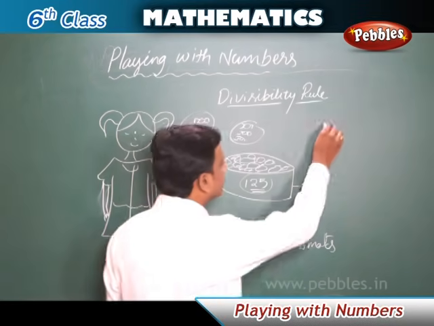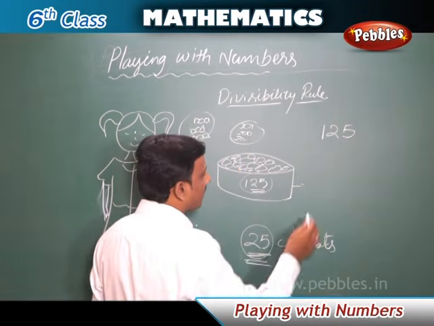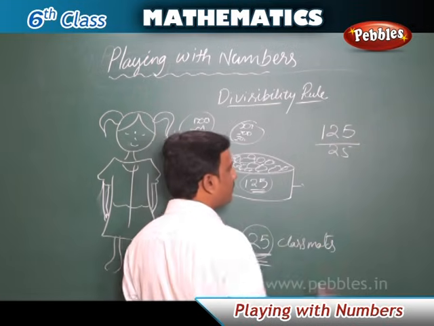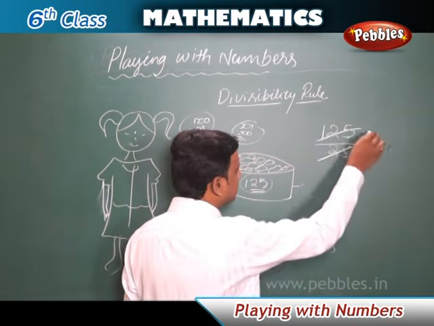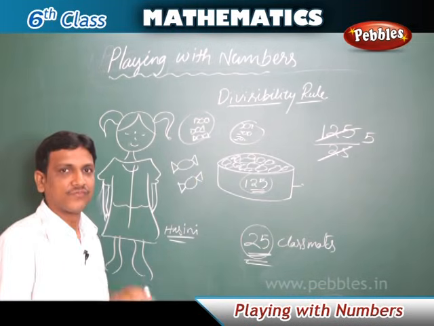Here in this case, the total number is 125 and the number of classmates is 25. Simply if we carry out division, we will come to know how many chocolates can be distributed to each of the classmates.